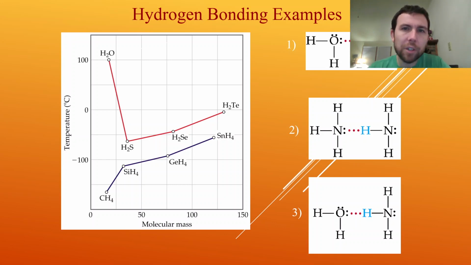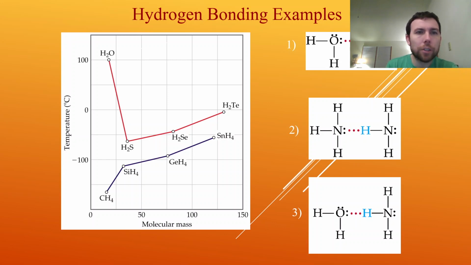Now, from that experimental perspective, here's what we were talking about with abnormally high boiling points. When you look at water, for example, it becomes a gas at 100 degrees Celsius, because that's when it boils.